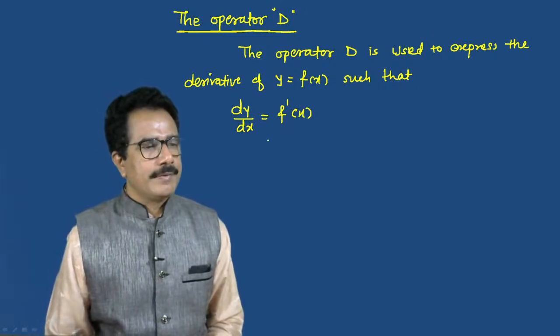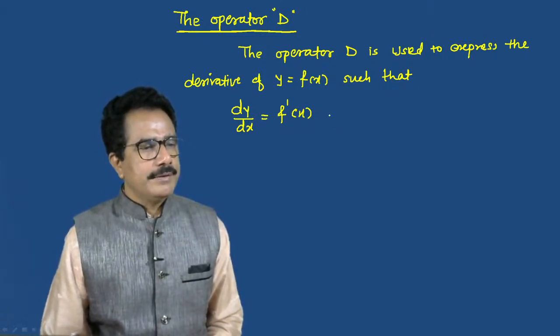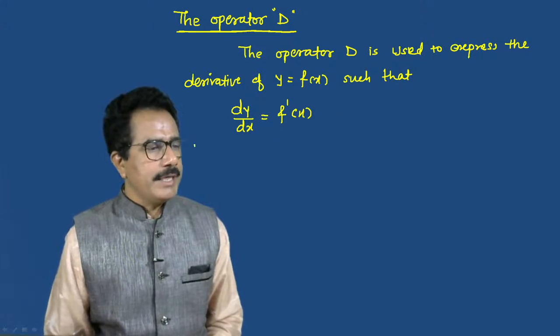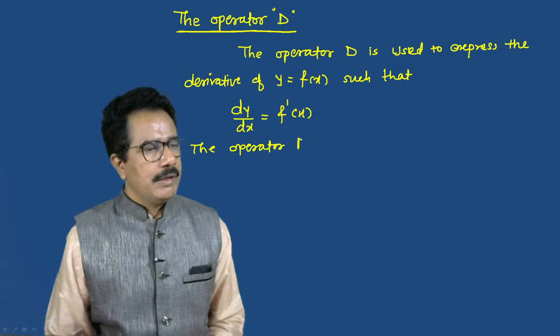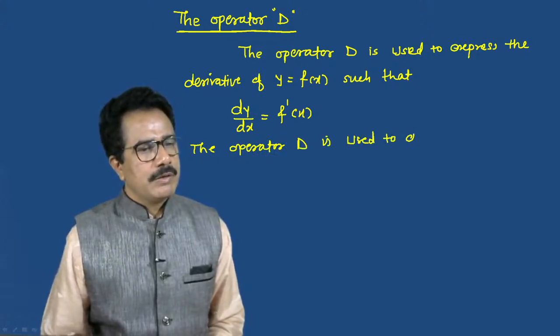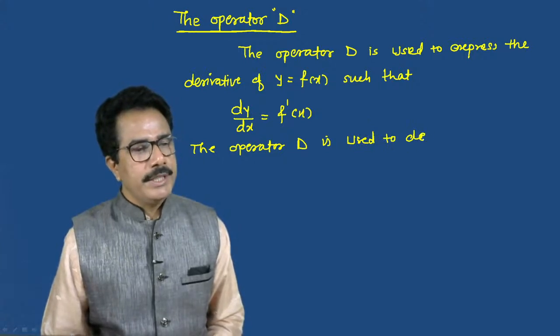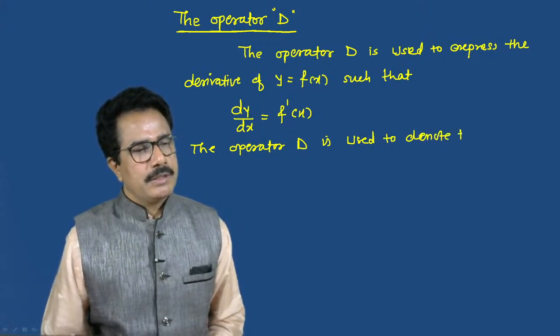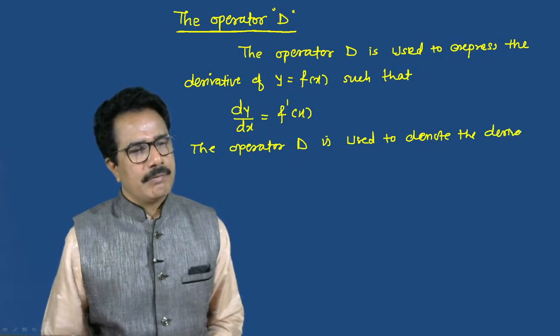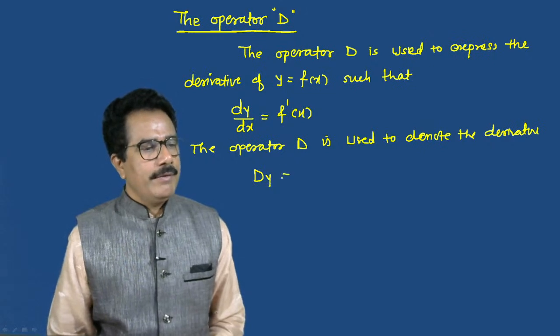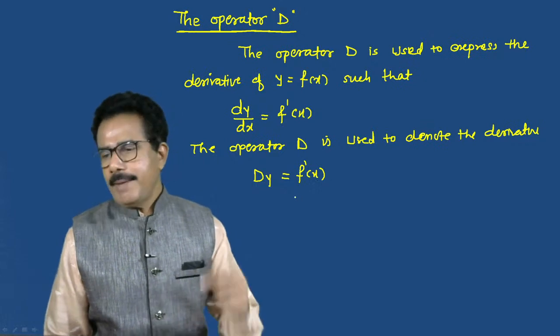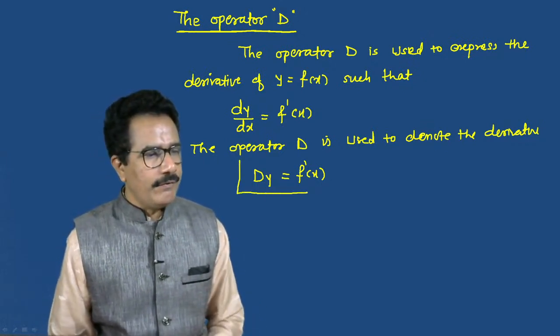The operator D is used to denote the derivative, that is dy by dx, which is equals to suppose f dash of x. dy means f dash of x, derivative of y.